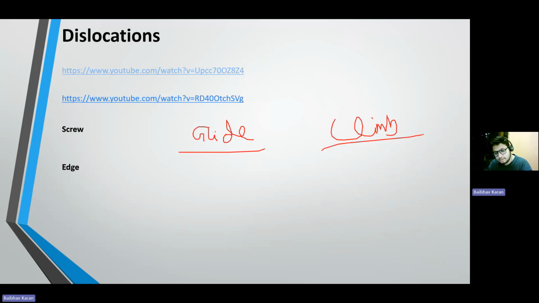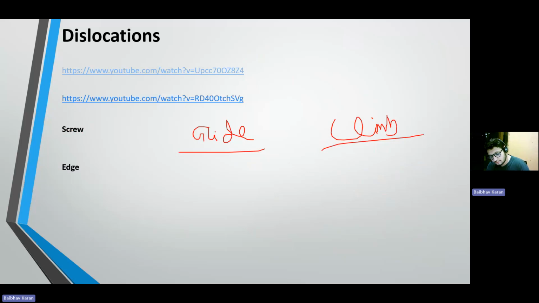If the atoms move in, the vacancies will move out, and if the atoms move out, the vacancies will move in. To create this movement you require more energy. That is what happens in climb. But for glide, no such extra energy is required.